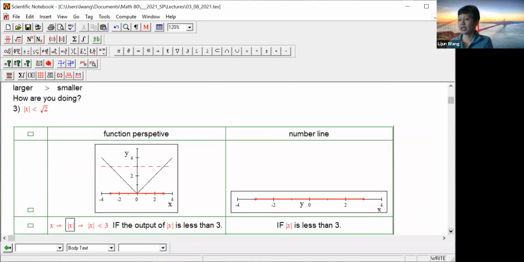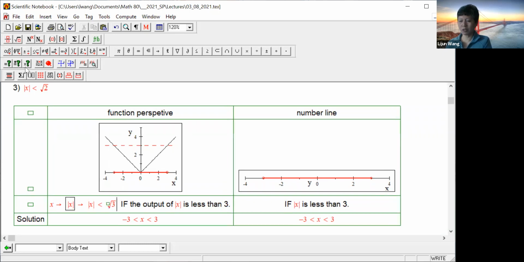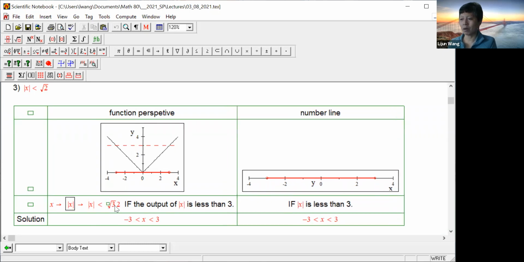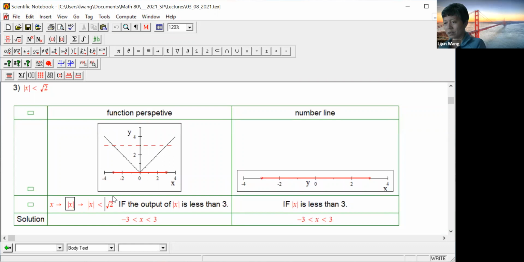So now we change to square root of 2, and this will change to square root of 2. Do you guys follow me? Do you see they're really the same model? And the nature of the questions is really the same.